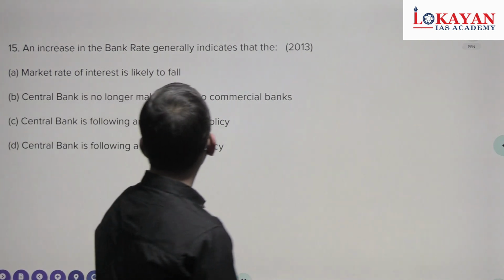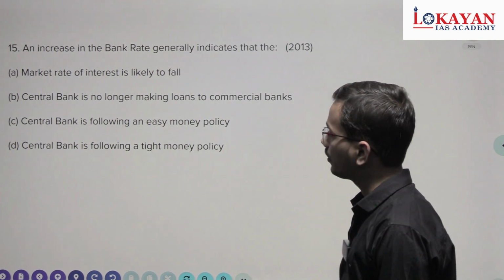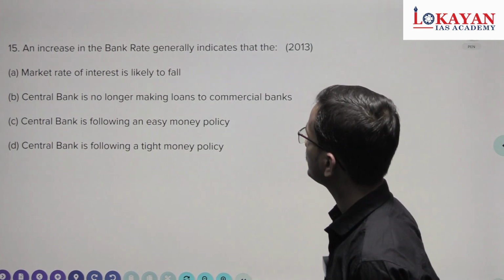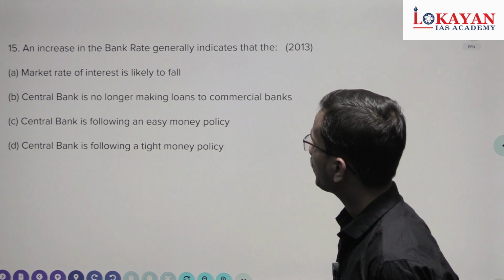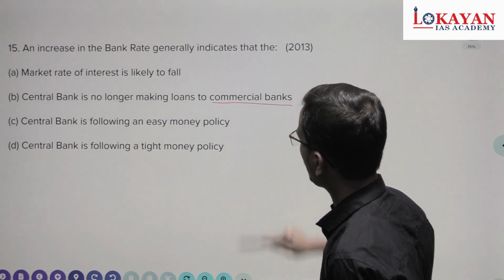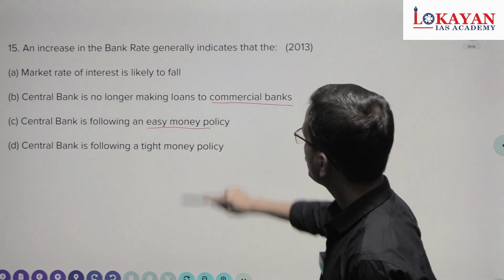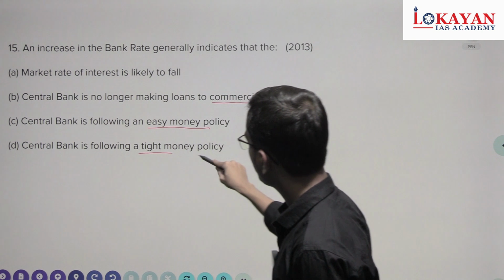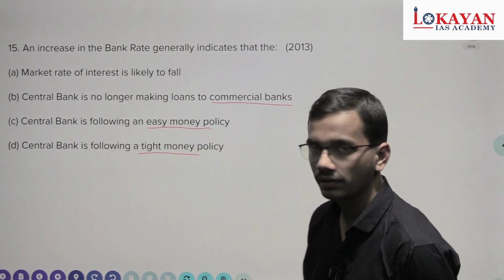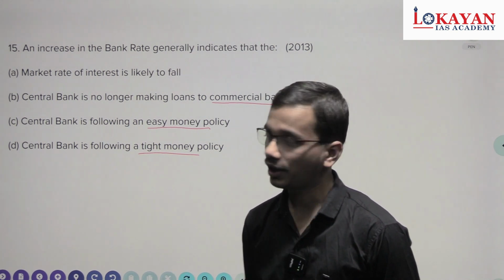An increase in bank rate generally indicates that the market rate of interest is likely to fall. Central bank is no longer making loans to commercial banks. Central bank is following an easy money policy. Central bank is following a tight money policy. We have studied this in expansionary monetary policy and contractionary monetary policy.